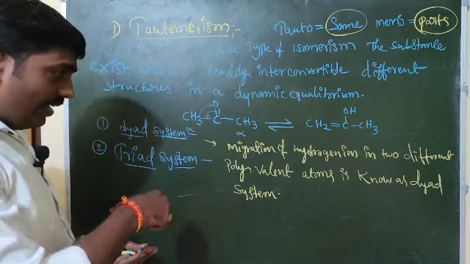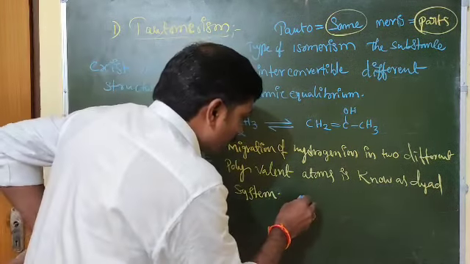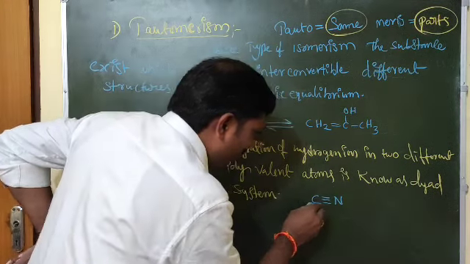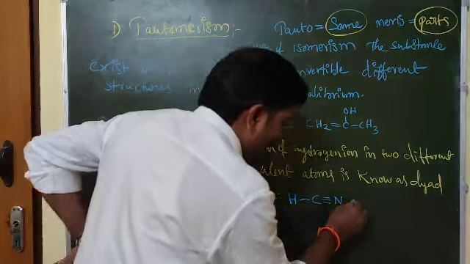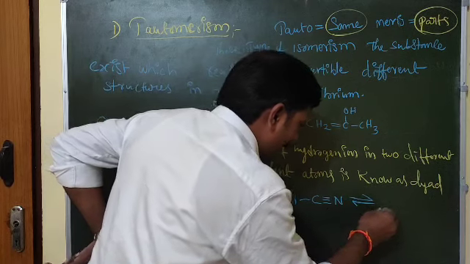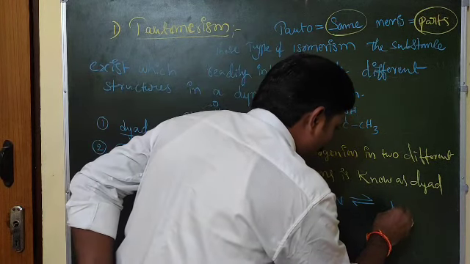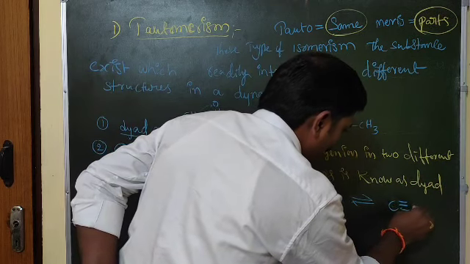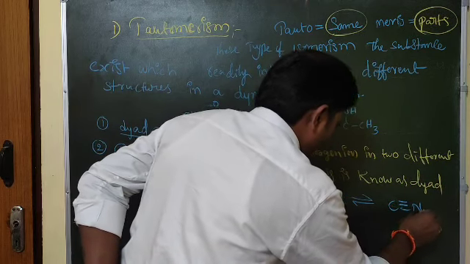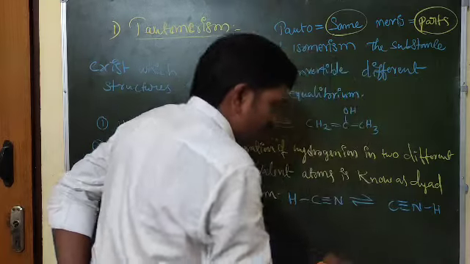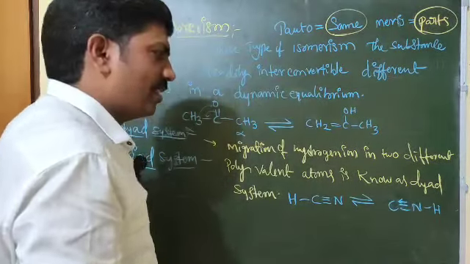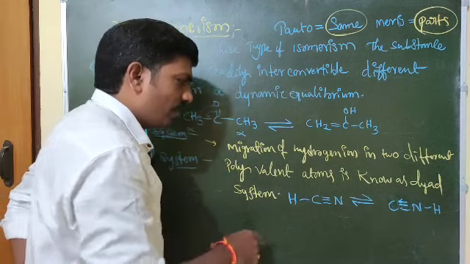For this, one example is cyanide, H C triple bond N, which is interconvertible and changes into C triple bond N H. Here there is a coordinate covalent bond.